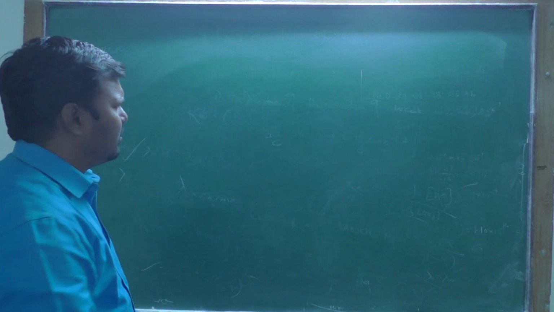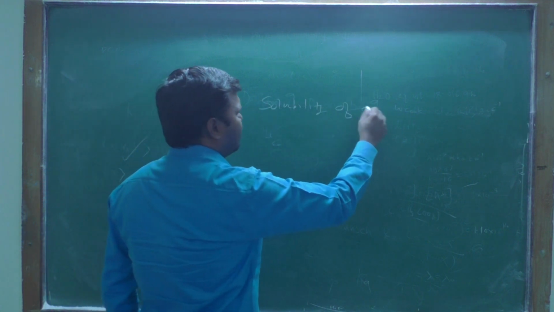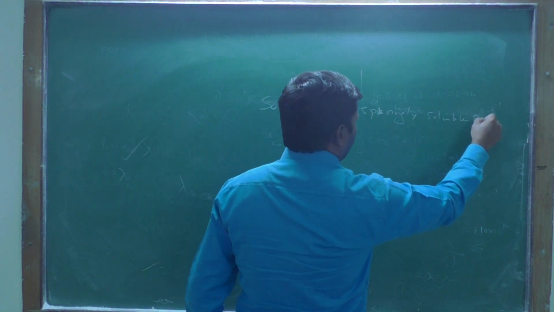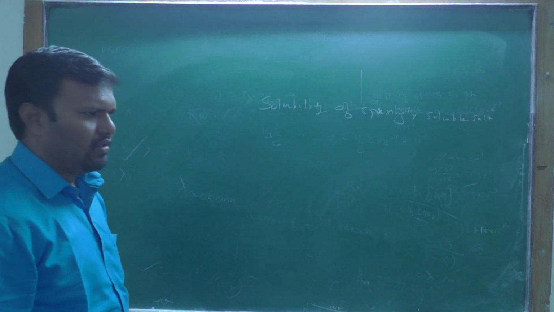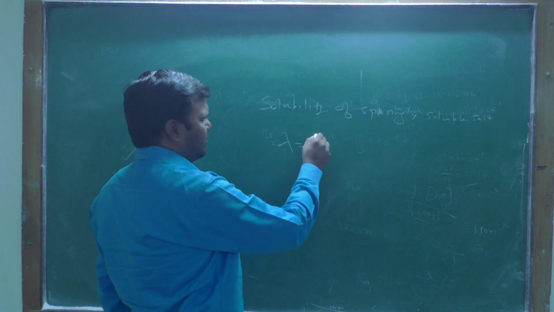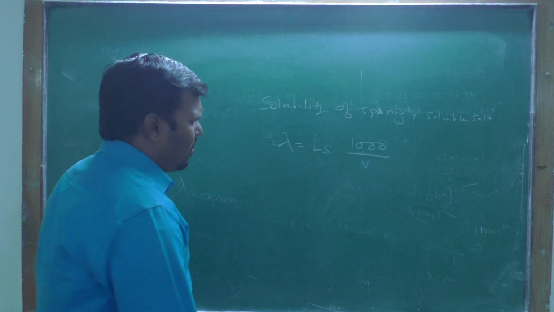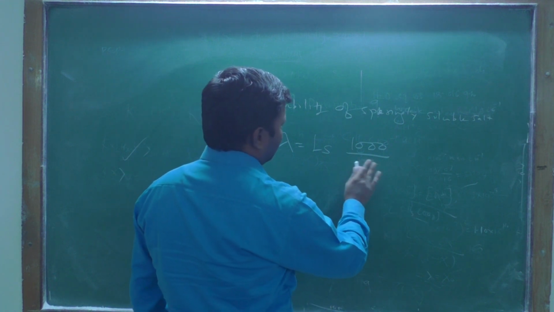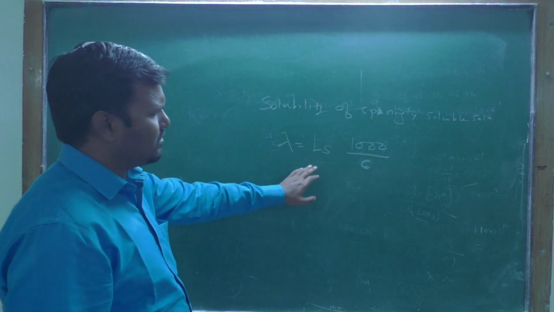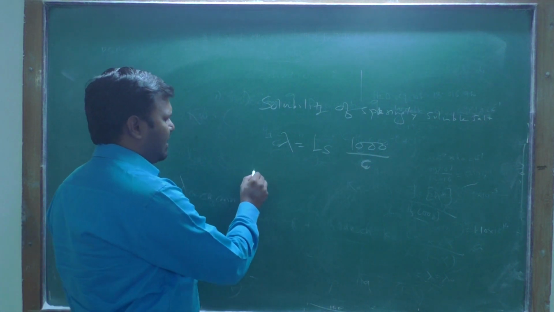One of the important things is to find out the solubility of a sparingly soluble salt. The solubility of a sparingly soluble salt can be calculated by using the equivalent conductance. The formula of equivalent conductance lambda is given by LS into 1000 upon C, where the volume is 1000 upon the concentration.